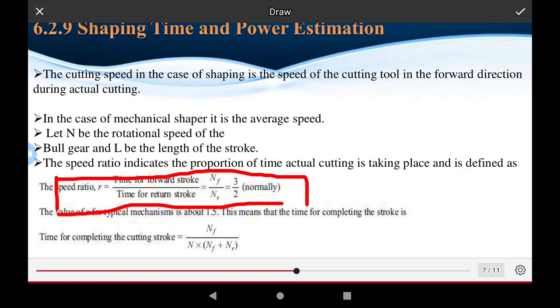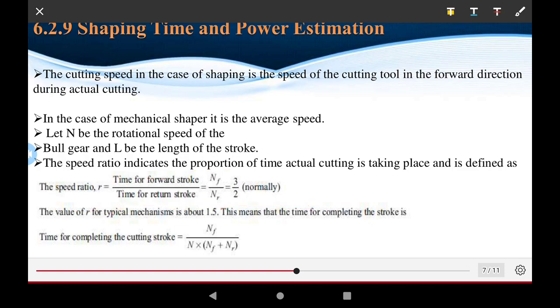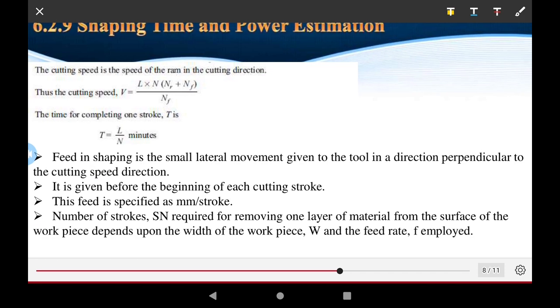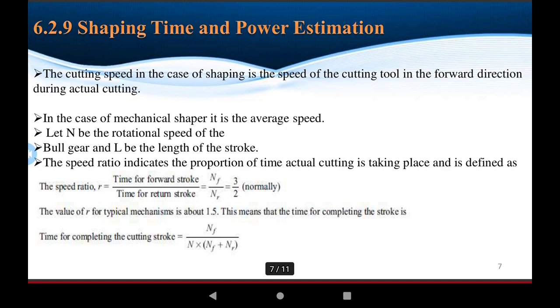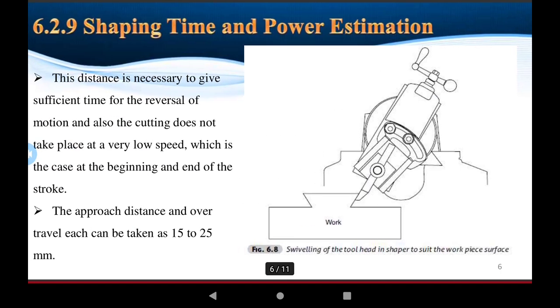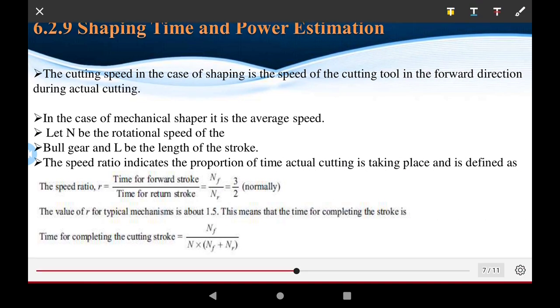The time for the forward stroke upon the time for the return stroke is equal to NF upon NR. Okay, this is NF upon NR.